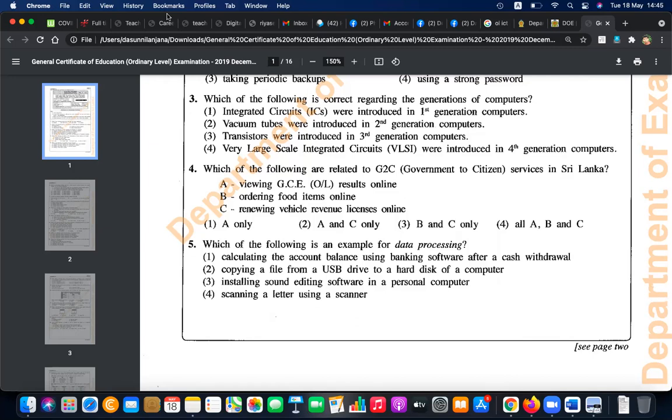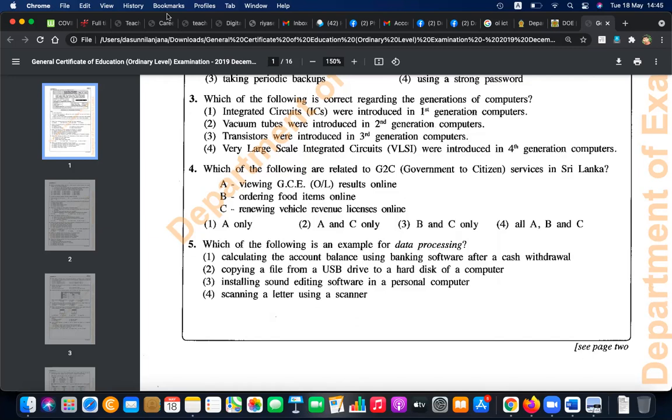Yes, it is called ULSI, ultra large scale integration. Again, what is in first generation? First generation: vacuum tubes. Second generation: transistors. Third generation: IC, or integrated circuits.